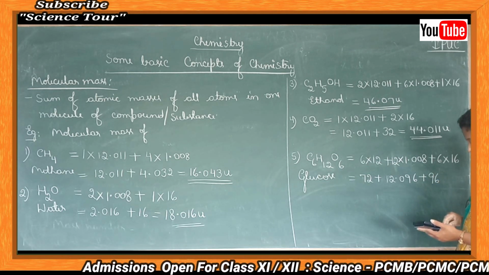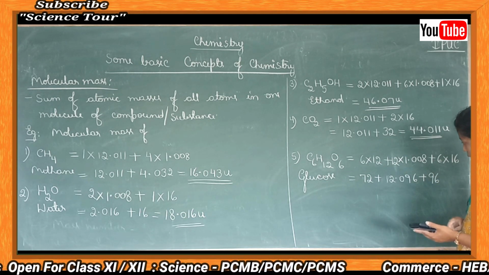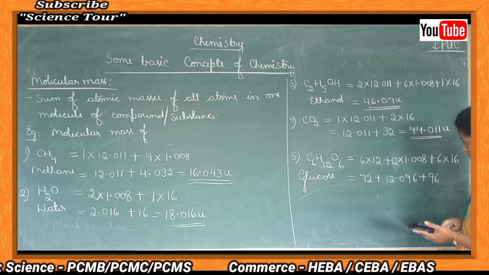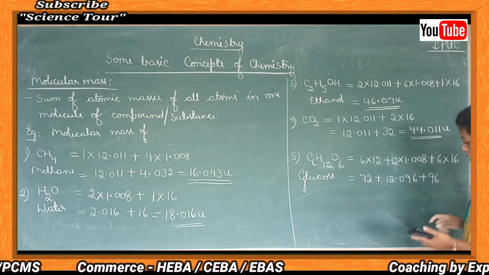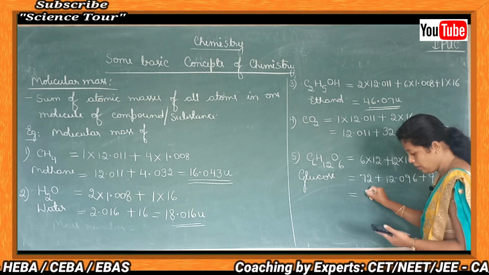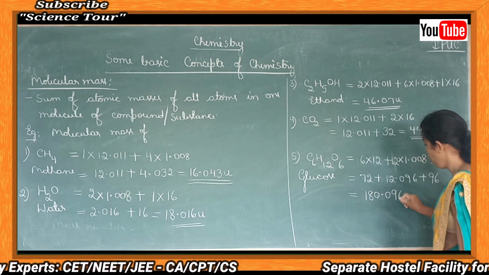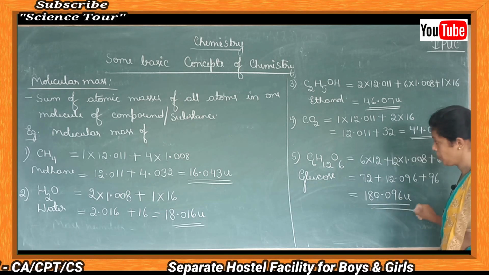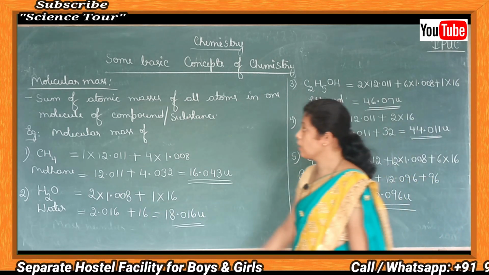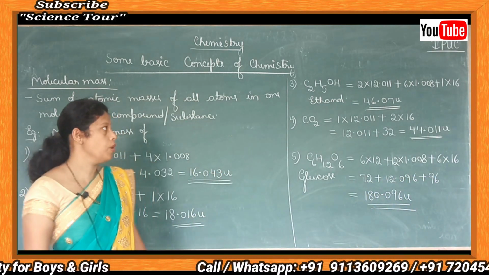Add all these. So 96 plus 12.096 plus 72, nearly you will get 180 something, that is 180.096 unified mass. So this is how you will calculate molecular masses of compounds.